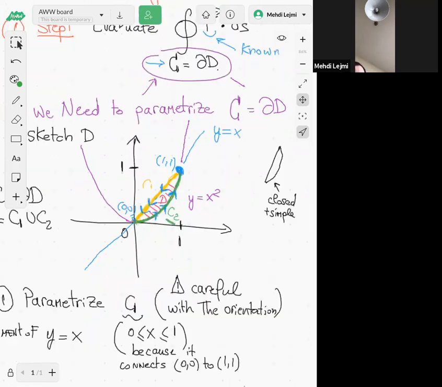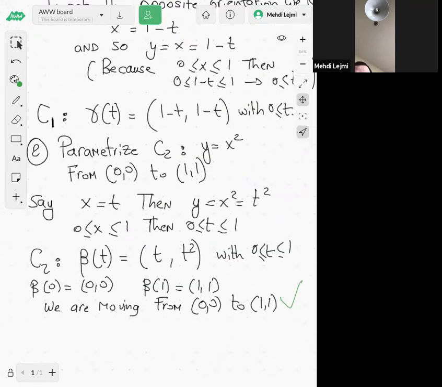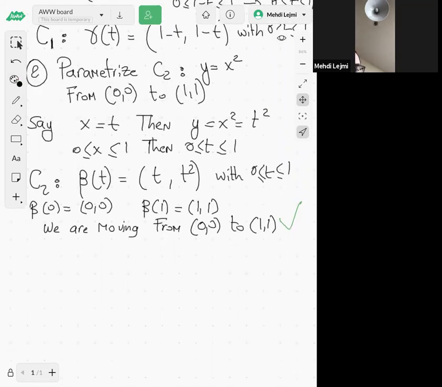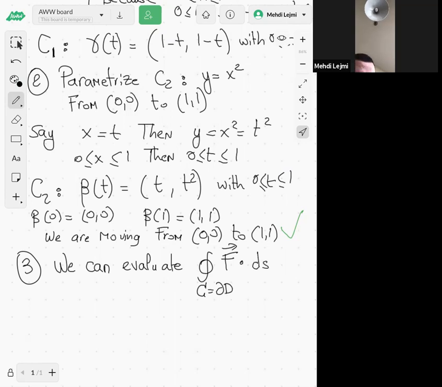I have the parameterizations of C1 and C2, so now we can evaluate the vector line integral along C, the boundary of D, which is the union of the two curves C1 and C2.